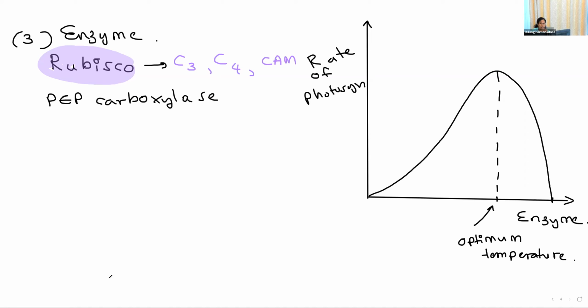But PEP carboxylase is not present in every single plant like the Rubisco. So if you're mentioning an enzyme, it needs to be always Rubisco, right? PEP carboxylase is present in C4 and CAM, because they are the ones doing the initial carbon fixation. So always highlight Rubisco, not the PEP carboxylase.